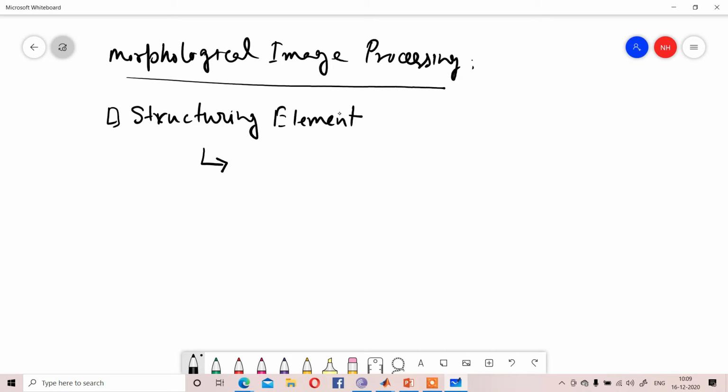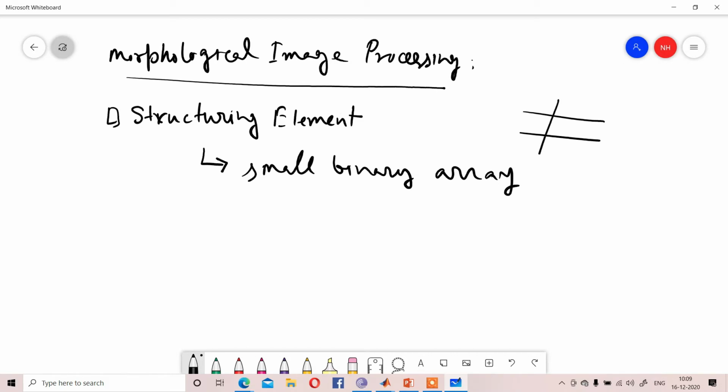A structuring element is basically a small binary array. It may be like that: 1 1 1 1, sorry 0, 1 1 0 0.